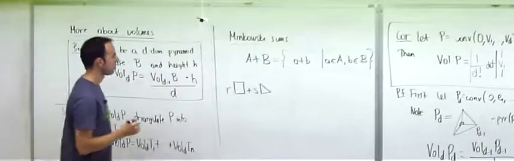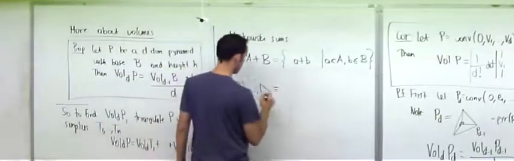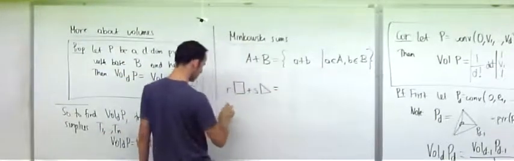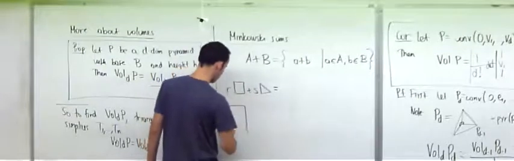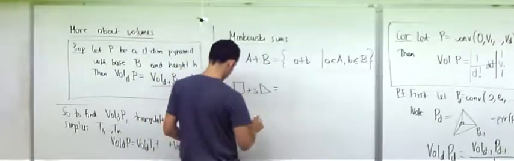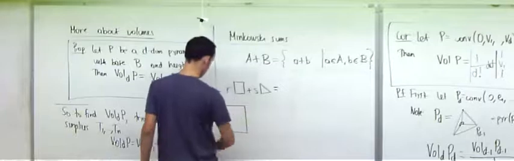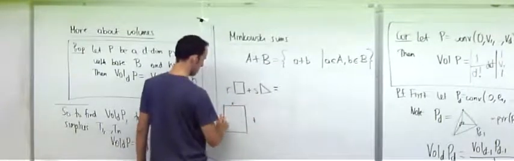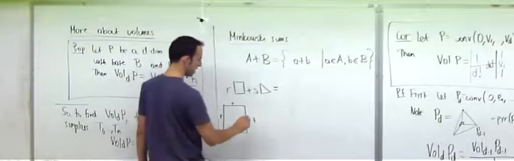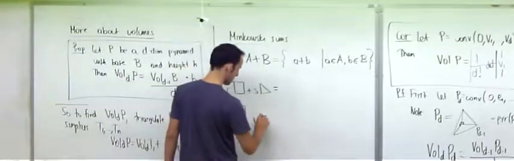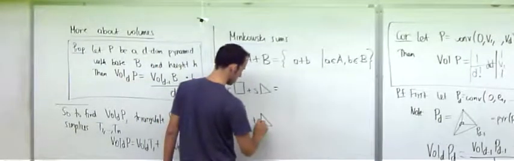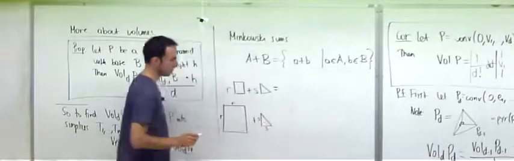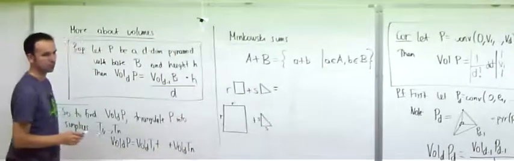Okay. So, I mean, of course, this is just a square of side length r plus the triangle of side length s.